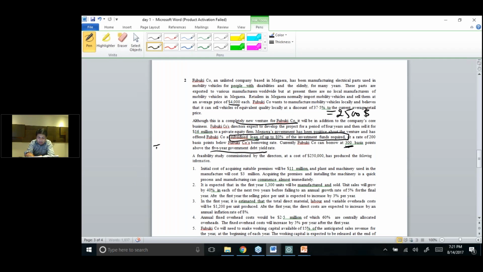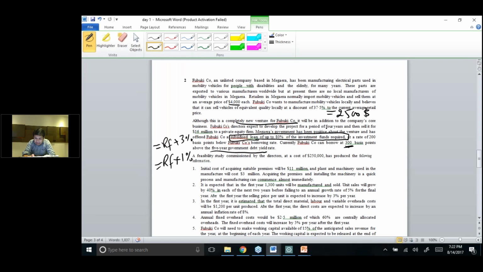So the normal borrowing rate is risk-free rate plus 3%. And the subsidized rate is 200 basis points below that, risk-free rate plus 1%.